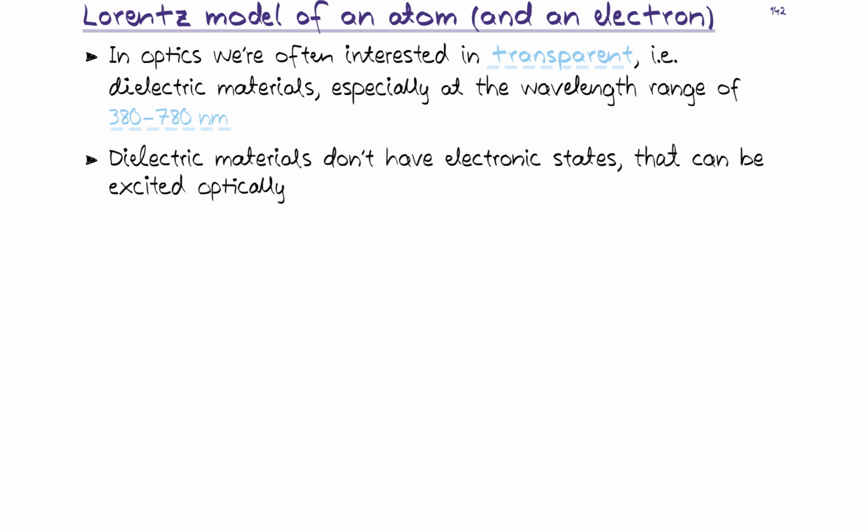And then this notion, in the framework of the Lorentz model we have just come up with, is that we do not really have those resonances in the material, so that the electrons don't really oscillate much when you're looking at dielectric materials and we are exciting them at optical wavelengths.